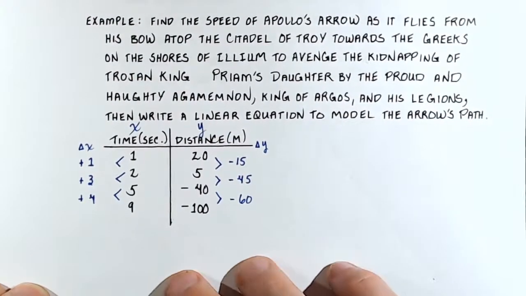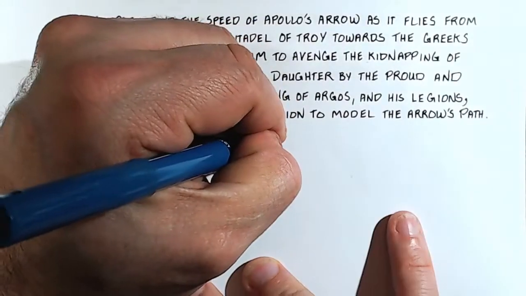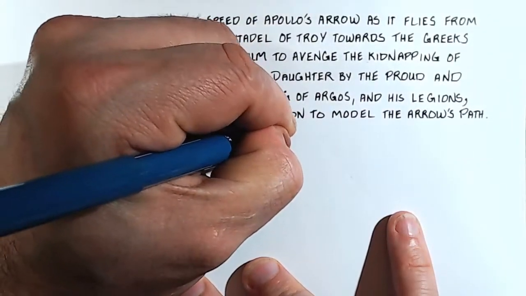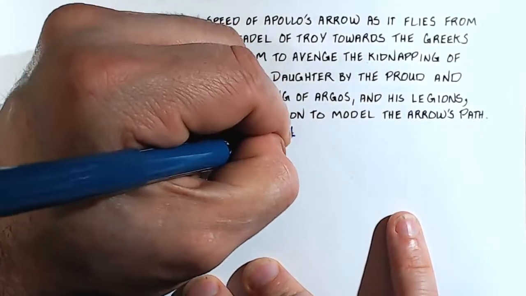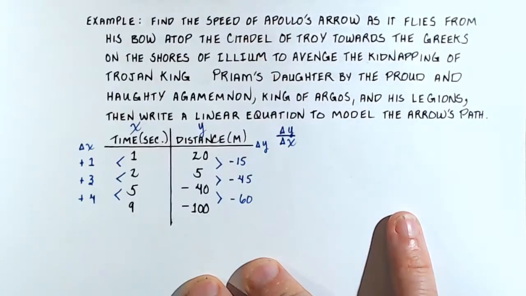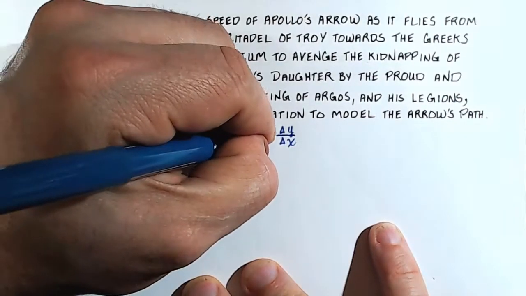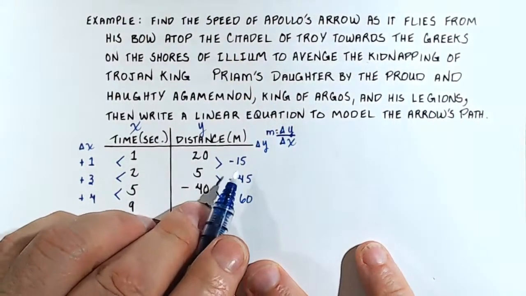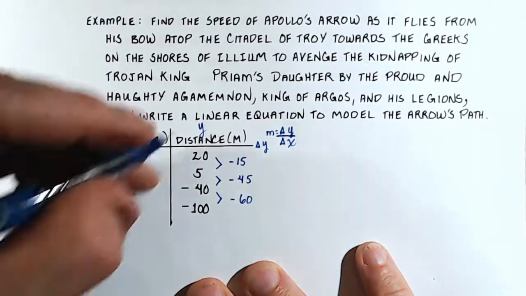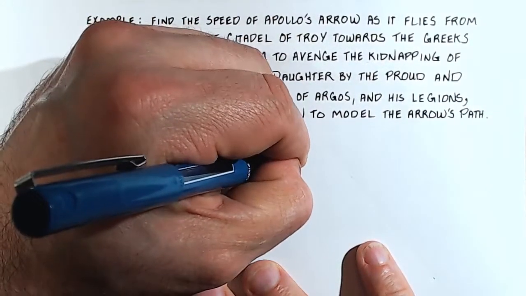Okay, so now we need to compute the change in y over the change in x. Make sure that they're all the same. So this is m. That's the slope when we get that. So negative 15 over 1 is negative 15.